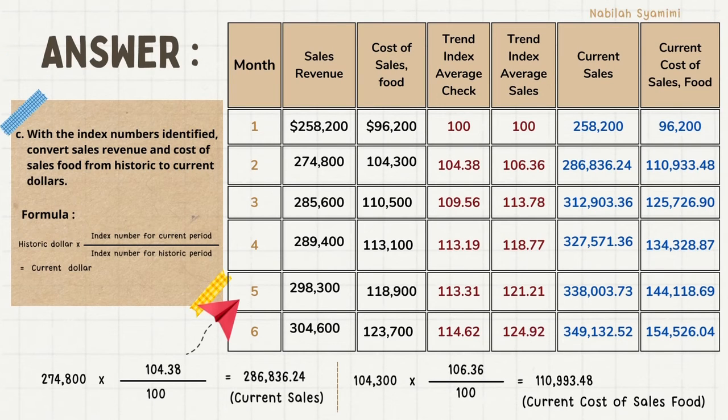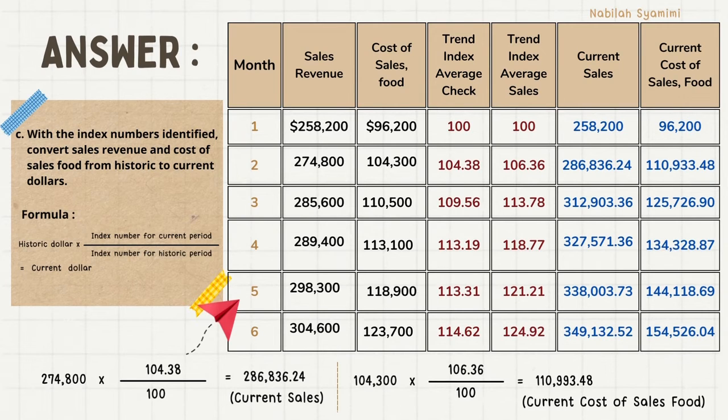Then, for the next question, with the index number identified, convert sale revenue and cost of sale food from historic to current dollar. For this question, we use the formula which is index number for current period divided by index number for historic period and multiply with historic dollar, and it will get the current dollar. For current sale, in first month, the current sale is the same amount as the sale revenue.